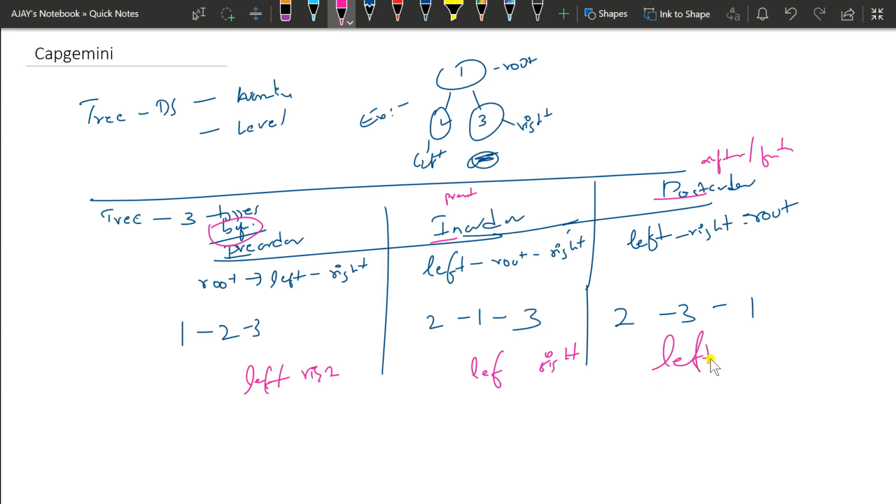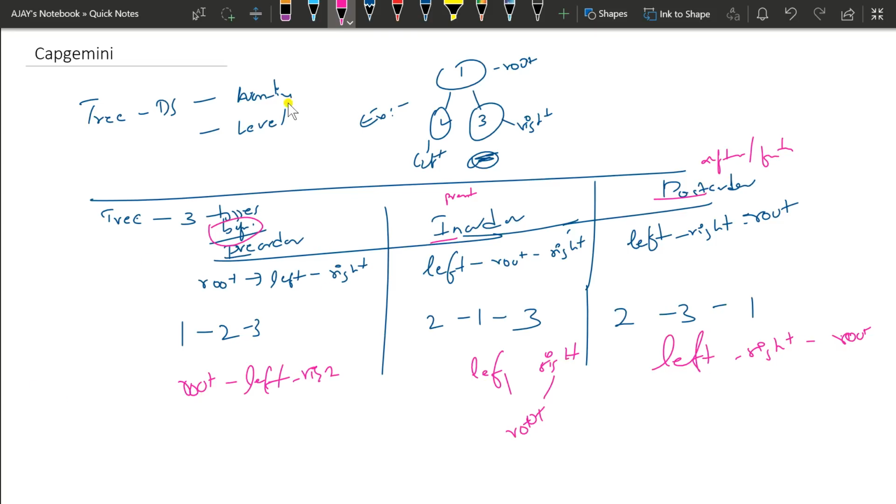Pre means before, so just keep the root before left and right: root, left, right. In means present, so keep the root in between left and right: left, root, right. Post means afterwards, so keep the root after: left, right, root.